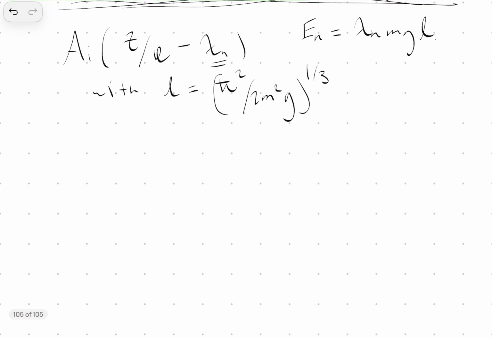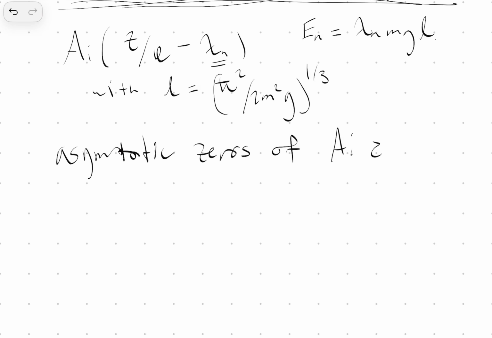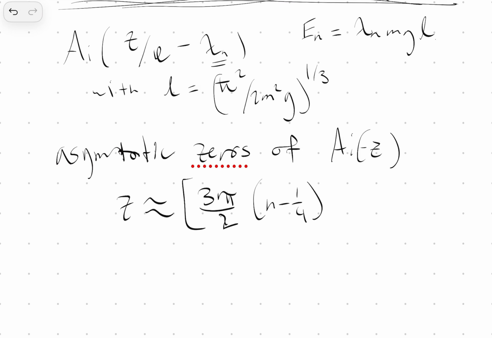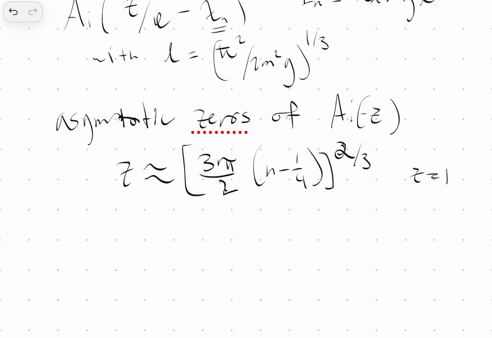And the asymptotic zeros of the Airy function are given approximately by 3/2 pi, n minus 1/4, all of that to the 2/3, which, if you were to substitute in, z is equivalent to E n over mgL.